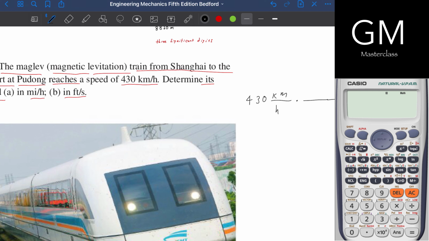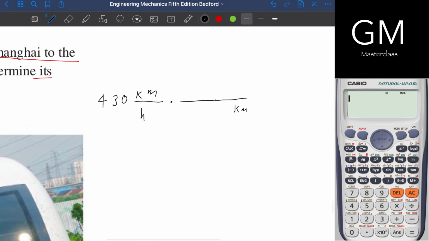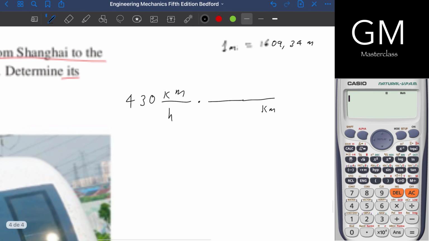So Google says that 1 mile is equivalent to 1,609.34 meters. Excuse me, this is miles. Yeah, miles.